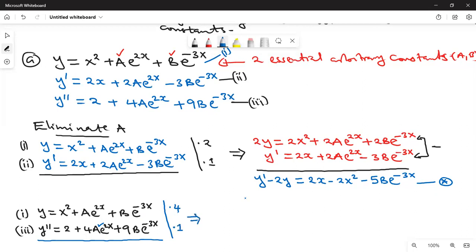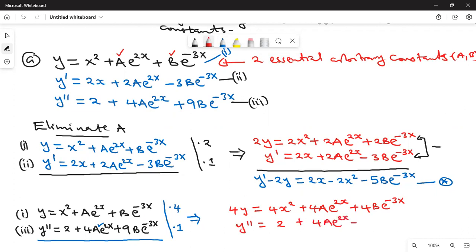It will give us 4y equals 4x squared plus 4a exponential 2x plus 4b exponential negative 3x, and the other equation is y double prime equals 2 plus 4a exponential 2x plus 9b exponential negative 3x. Now we can subtract the two equations.